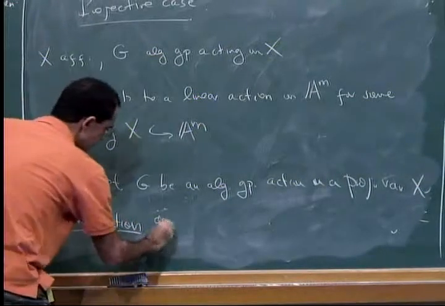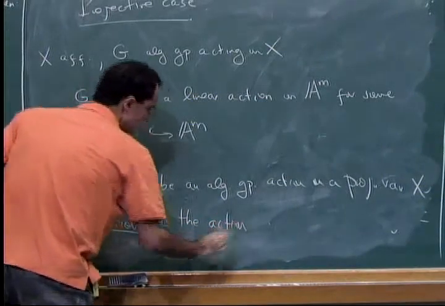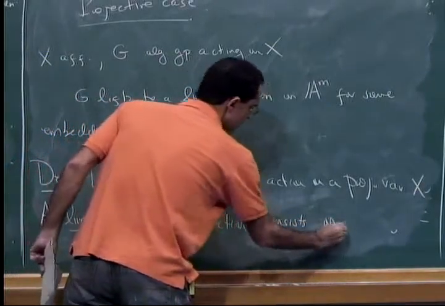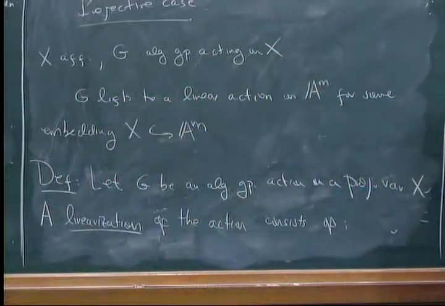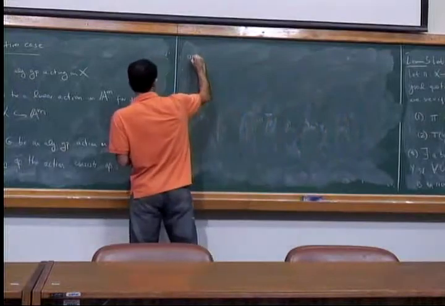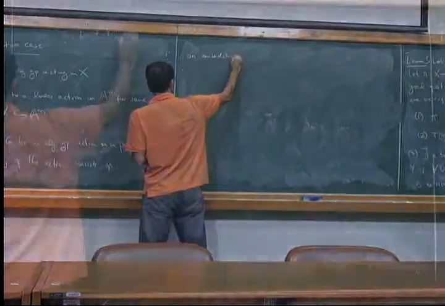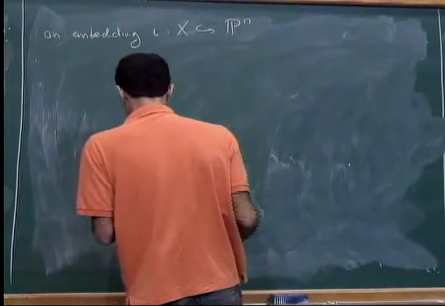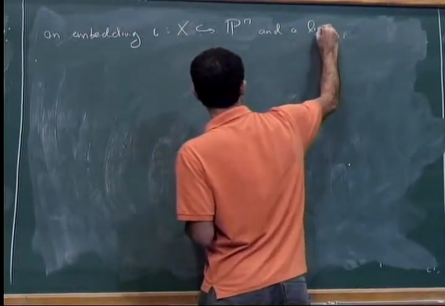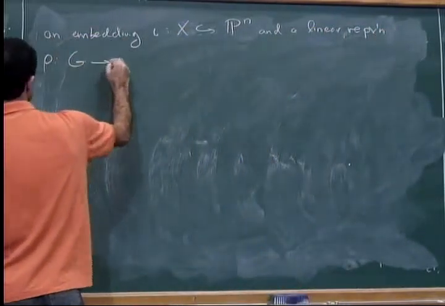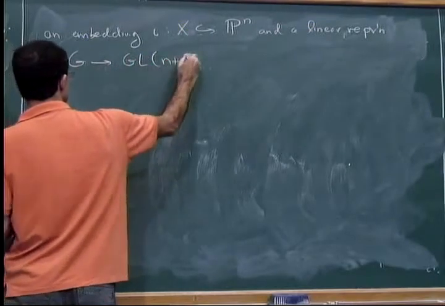of the action consists of an embedding iota of X into P^n and a linear representation rho of G into GL(n+1), right?